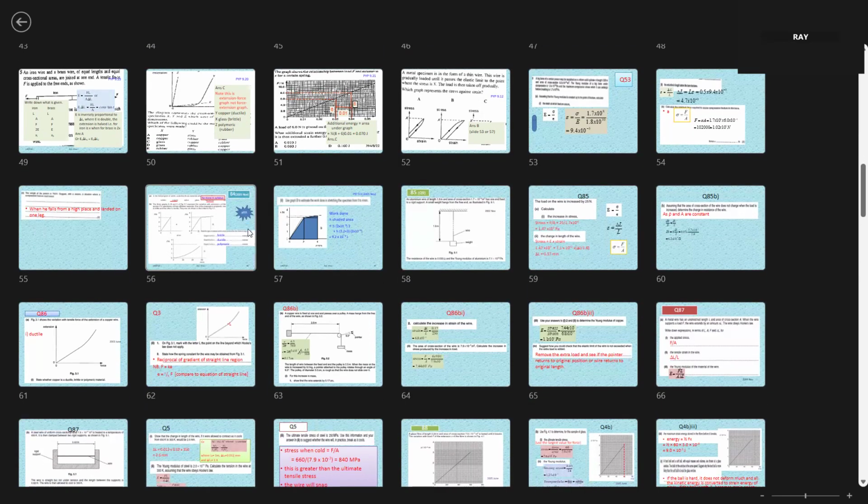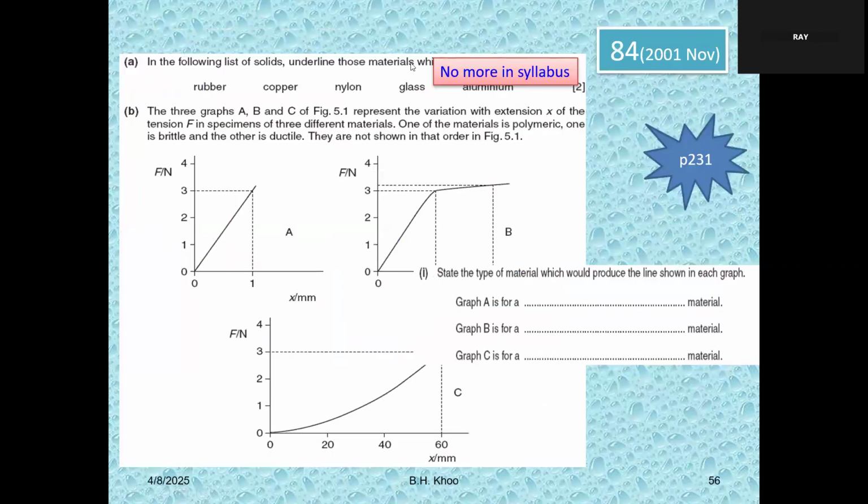Okay, let's try this one. Don't worry about the first part; it is outside the syllabus. State the type of material which would produce the line shown in each graph. They call it line rather than curve. Graph A is what? It's either brittle, ductile, or polymeric.